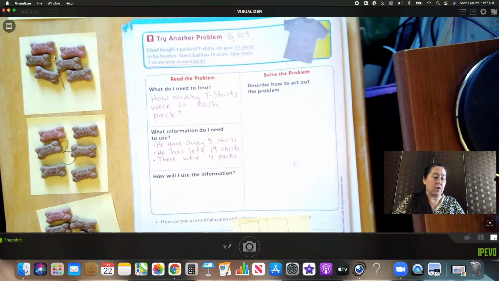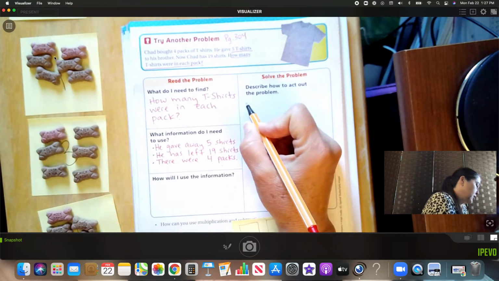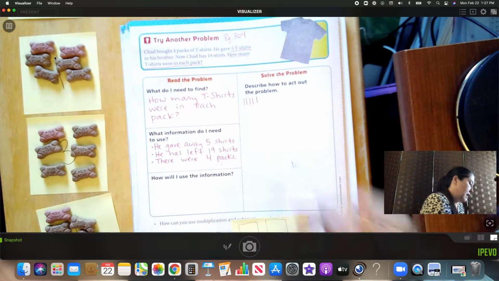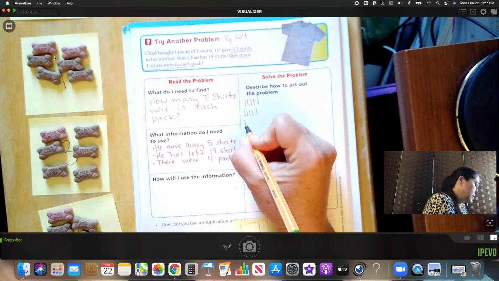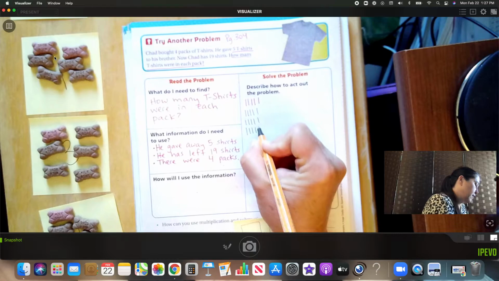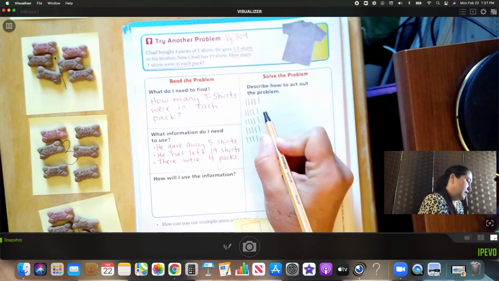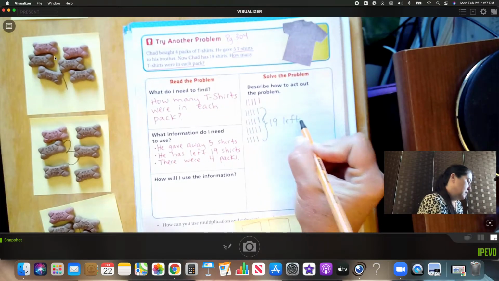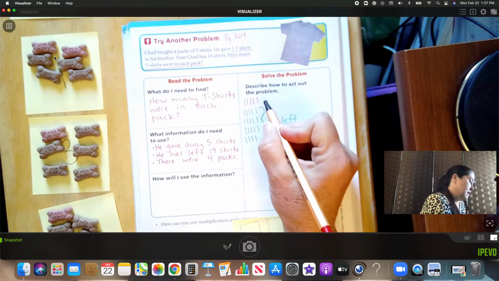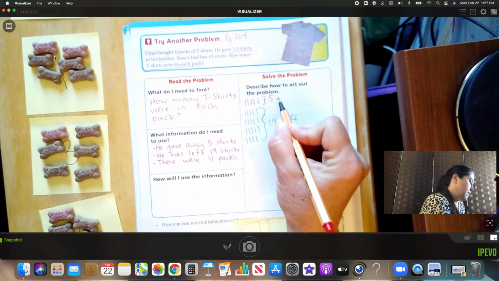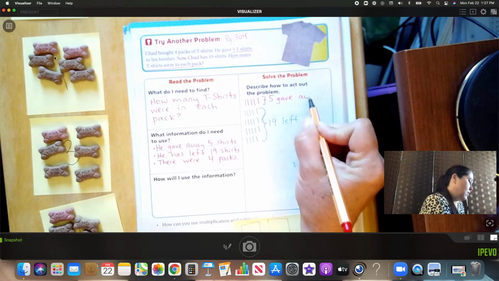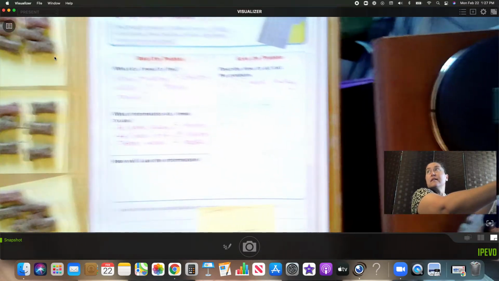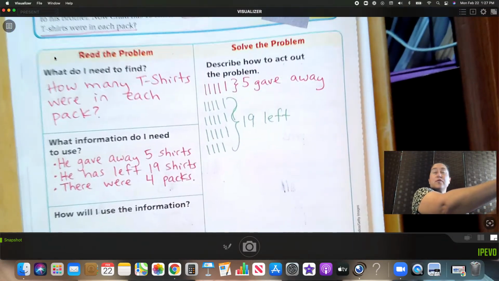All right, so what I did was I took my 1, 2, 3, 4, 5, and I'll keep them not in tally form, and I had 1, 2, 3, 4, 5, 1, 2, 3, 4, 5, 1, 2, 3, 4, 5, 1, 2, 3, 4. So this was the 19 left, and this was the 5 gave away, right? And then what I did was I put them into 4 groups.